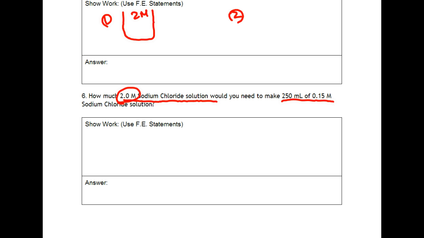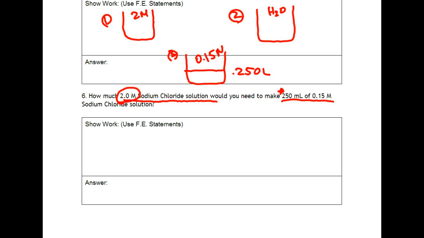We have a second solution, which is just water. And our third solution, which is the final product. Based off of this right here, we know that it's 0.250 liters, and it's 0.15 molarity.